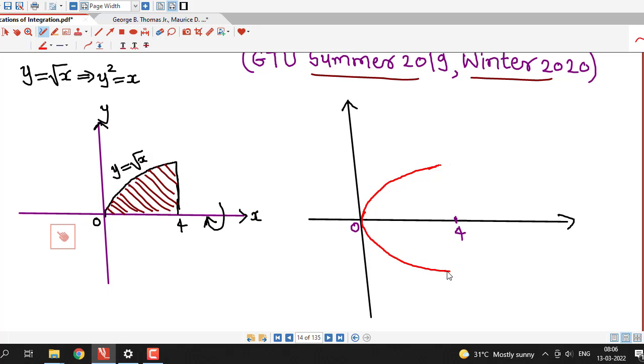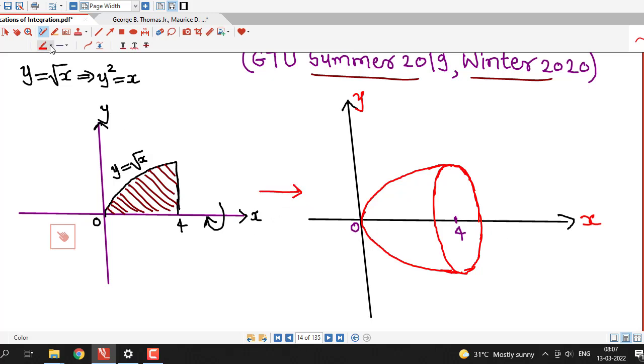We are just considering the mirror image of y equal to square root of x about the x-axis. So the solid of revolution which we will obtain by generating this plane region will look like this. This is the solid of revolution which we will obtain in 3-dimensional space by rotating this plane region around the x-axis.